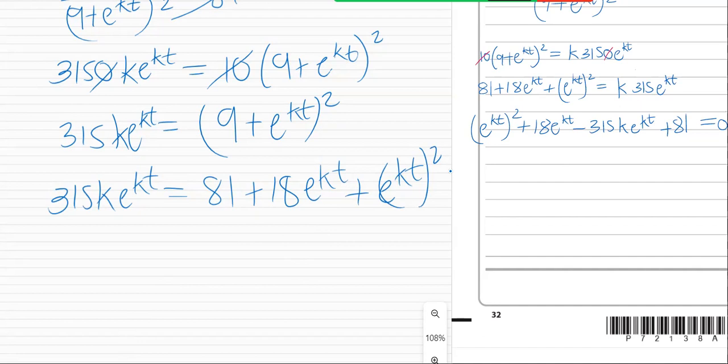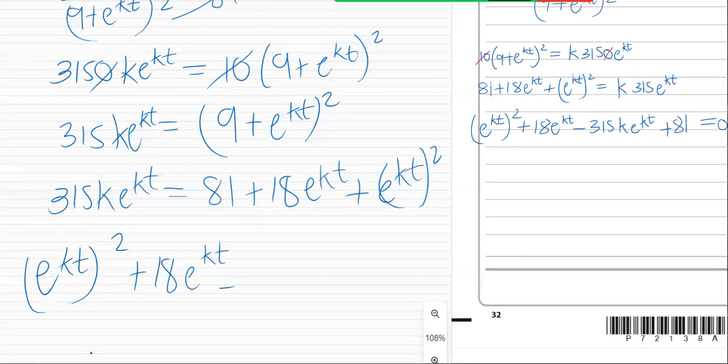So we bring it all over to one side. I'm going to bring it all to the right. So I'll start with the squared term, e^(kt) squared, plus 18 e^(kt), minus 315 k e^(kt). We were starting on the right, so plus 81, all equals 0.